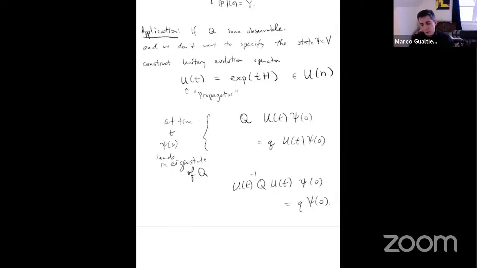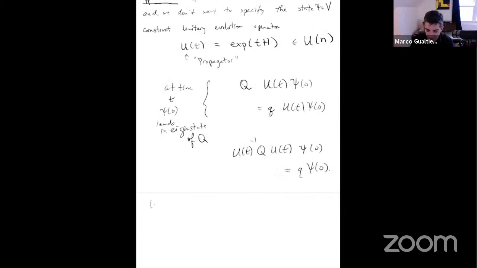So the way that physicists think about this is that, instead of propagating the state as a function of time, their idea is to forget about the particular state evolution psi of t.